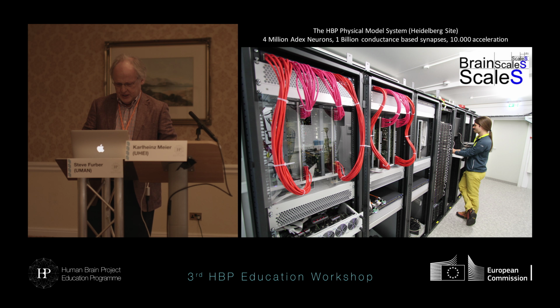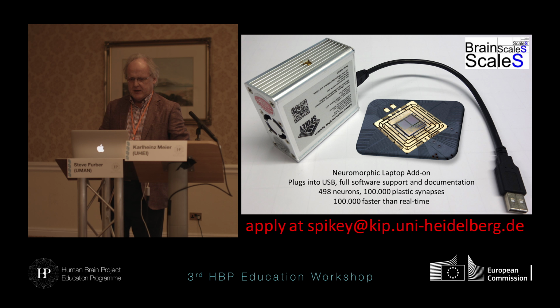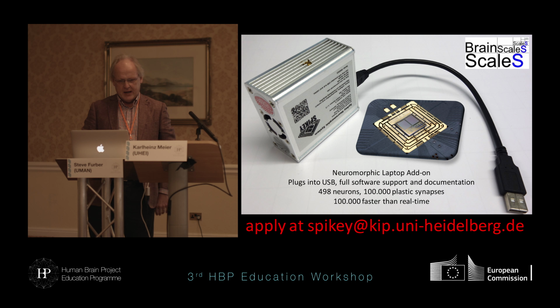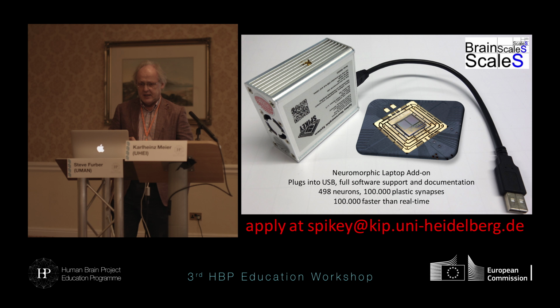If you don't need a big machine, if you want to do some early scale development, then there is a small version with the spiky chip, which is a USB powered laptop. And this has software support and documentation. With that, you get 498 neurons and 100,000 plastic synapses, and that's 10 to the 5 times faster than real time.